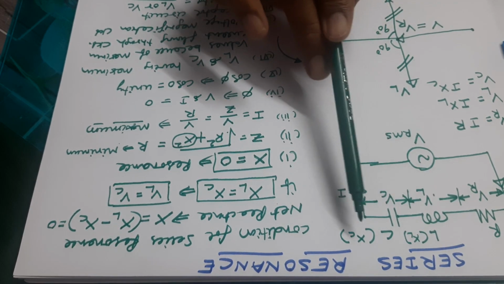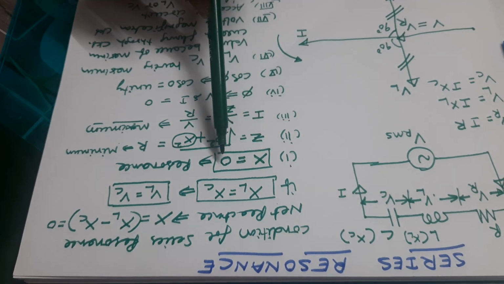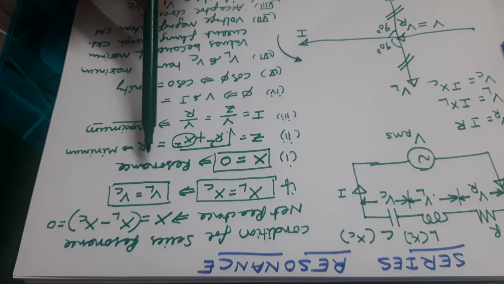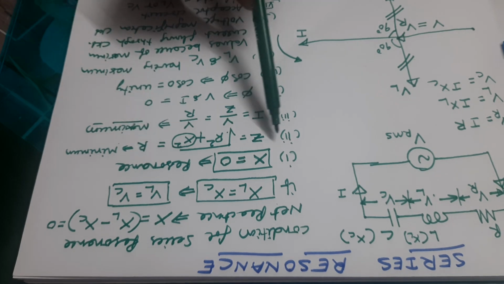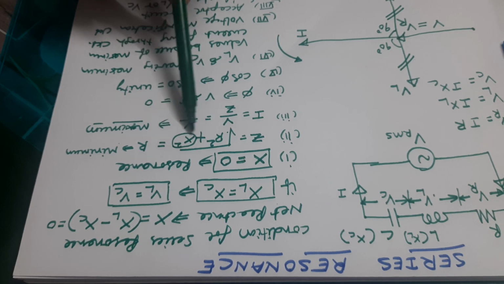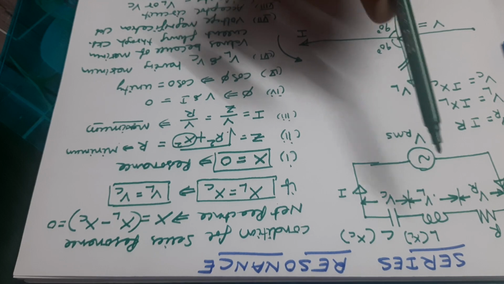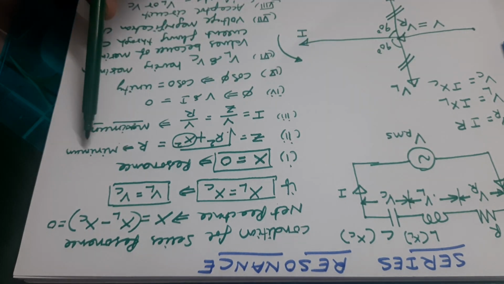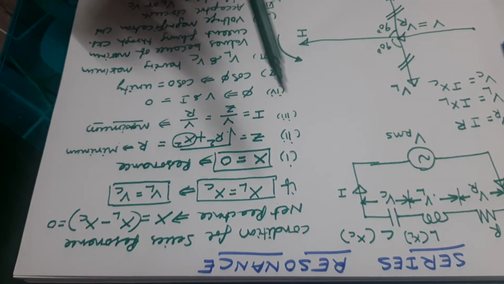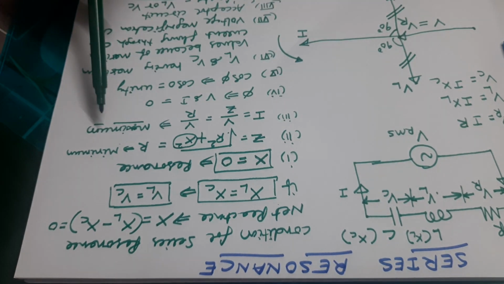The ohmic value of C. Once the net reactance becomes 0, the circuit is under resonance condition. Then the impedance value is R alone because of 0 reactance. Therefore, this circuit under resonance offers minimum resistance. When the circuit offers minimum resistance, the current drawn by the circuit is maximum.